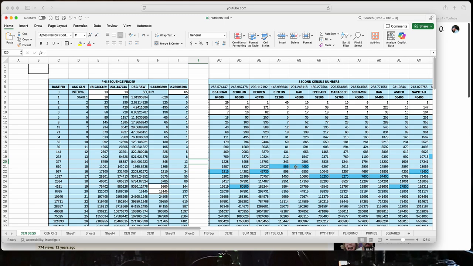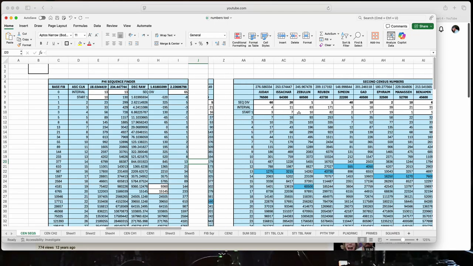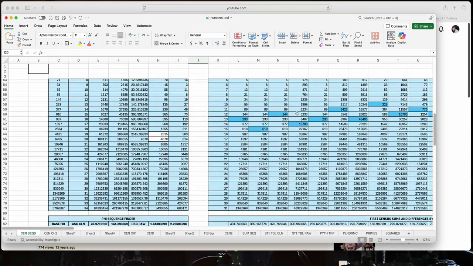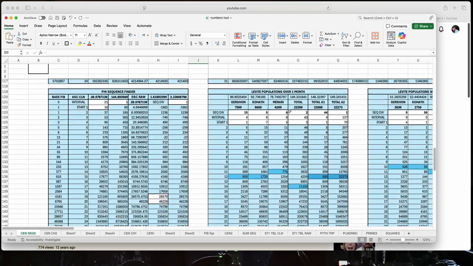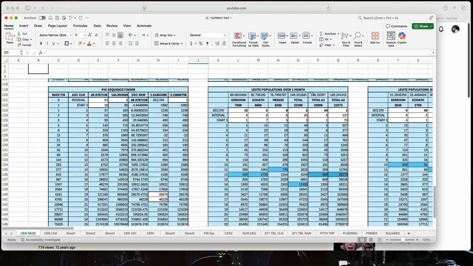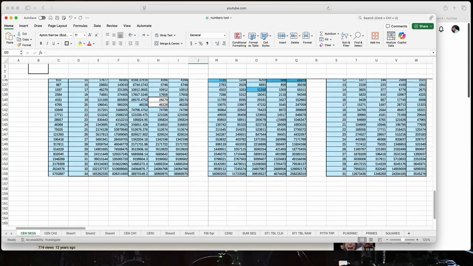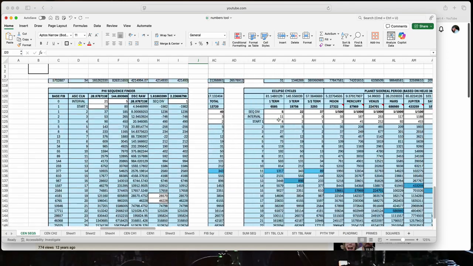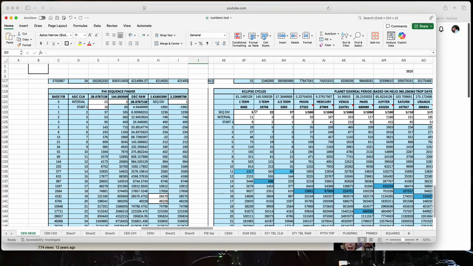Simeon's number happens to be a multiple of 40. And if you go down and start looking at some of these things that we see from observation, from empirical science, I'm punching in the eclipse numbers. A one-term eclipse is 6585 again, and we see that it's 11.8 multiplied by 5.